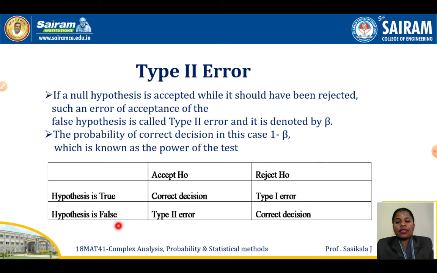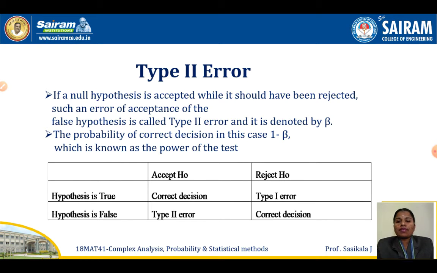Suppose your hypothesis is false, then accepting it gives a type 2 error, and rejecting it is the correct decision. So these are the two types of error, because when you assume a null hypothesis, there is a chance of accepting as well as rejecting it. Based on whether the hypothesis is true or false, we can conclude whether the decision is correct or wrong, and based on that the error will occur.